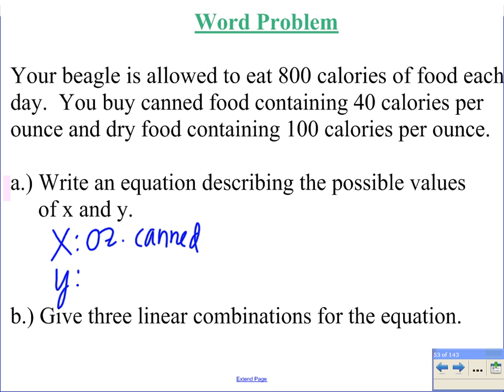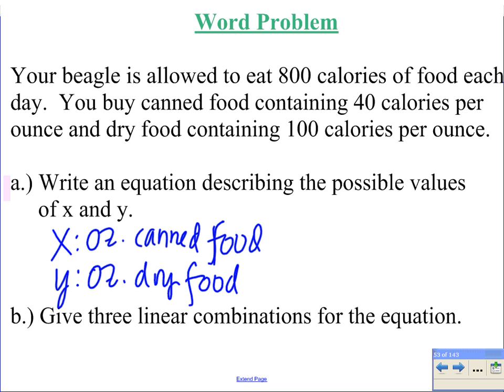And what should my other one be by process of elimination? Right, the ounces of dry food. So the dog can have only 8 ounces of dry food.